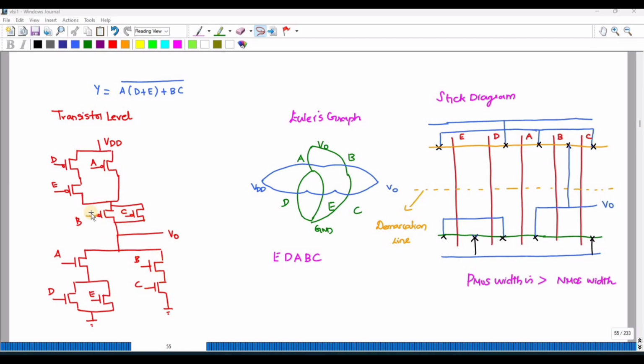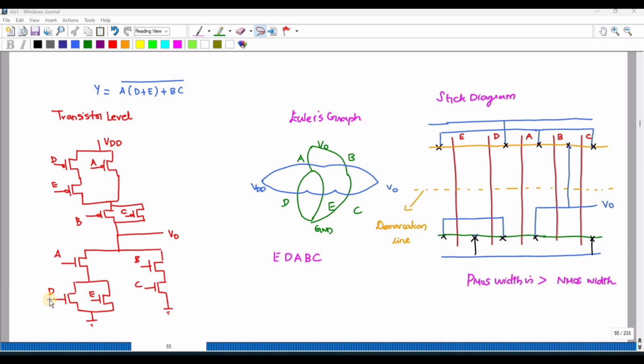Again, A is in multiplication with D plus E, so A is in series with D plus E. D plus E is addition, so I have connected it in parallel. This connection should be exactly opposite when you draw it for PMOS.